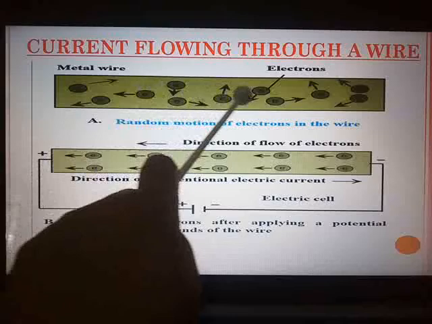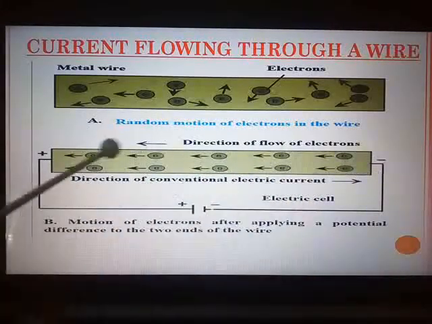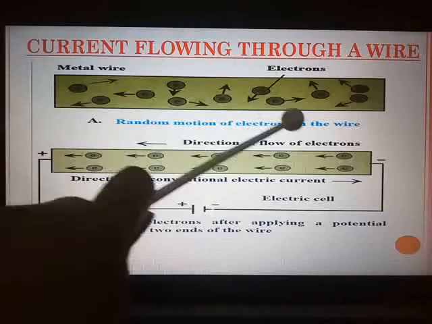So here you can see in the first picture the random motion of electrons when the conducting wire is not connected to a cell. As soon as we connect the ends of the wire to the two terminals of a cell, what happens? The electric force starts acting on these free electrons, and as they are negatively charged, where will they move?